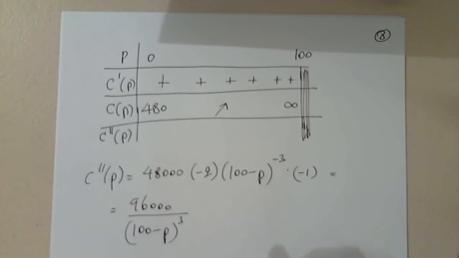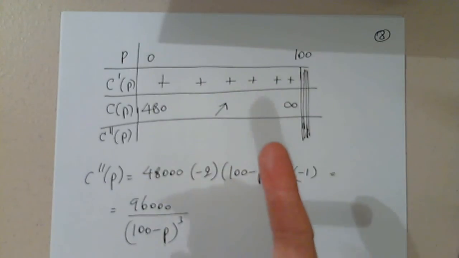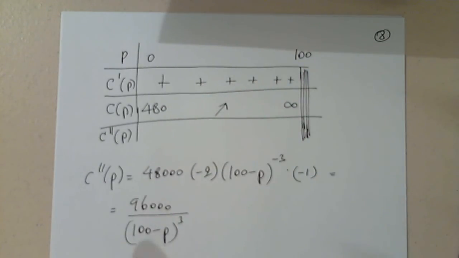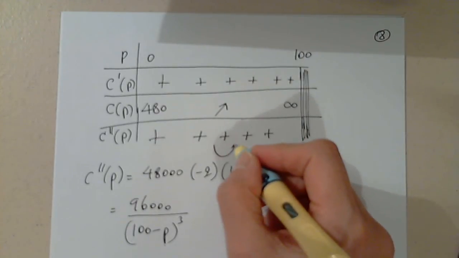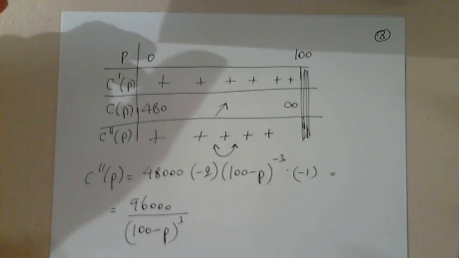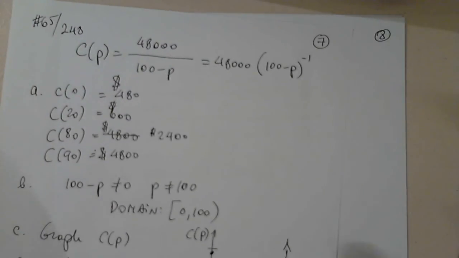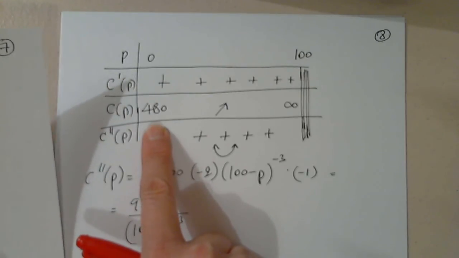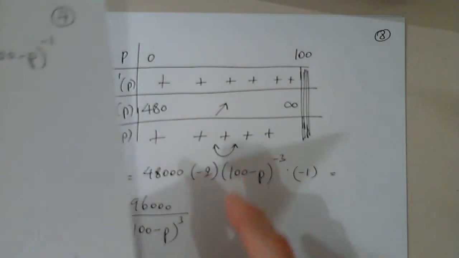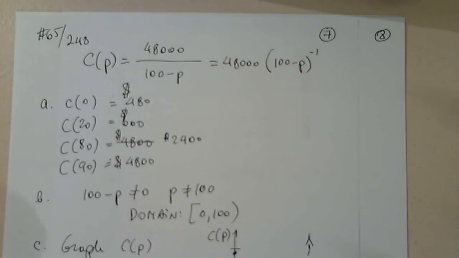All we care about is the sign. So when p is 0, this will be positive. When p is 1, this will be positive. And so on and so forth. So the function will be always opening up. So, as expected, this is its minimum value, and it's going up to infinity. So here's the graph.